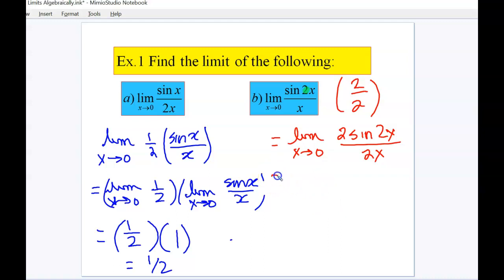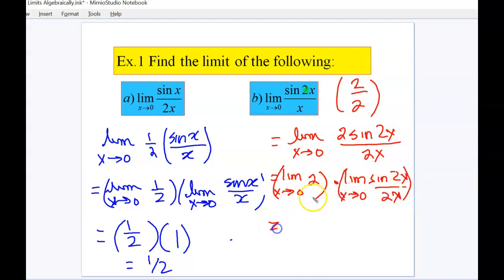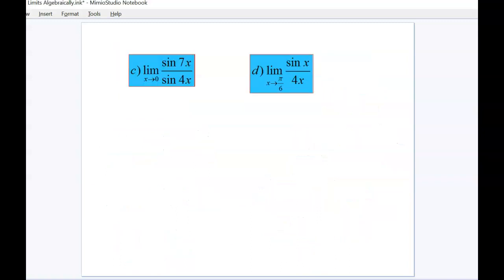This equals 2 times the limit as x approaches 0 of sine 2x over 2x. Again, the limit of a constant is just a constant, the limit of sine 2x over 2x is 1, and 2 times 1 is going to be 2.